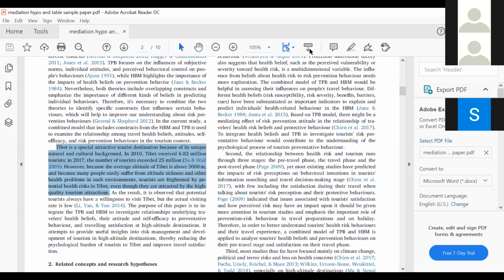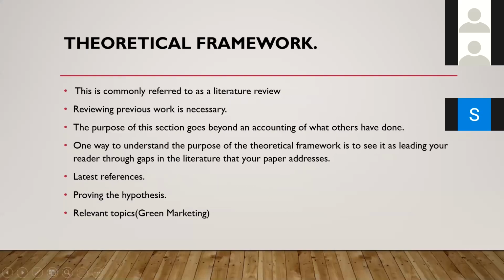Now come to the second chapter. What is the second chapter? After the introduction, we also call it review of literature.